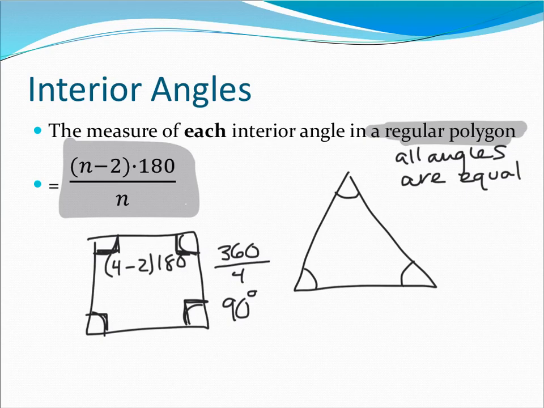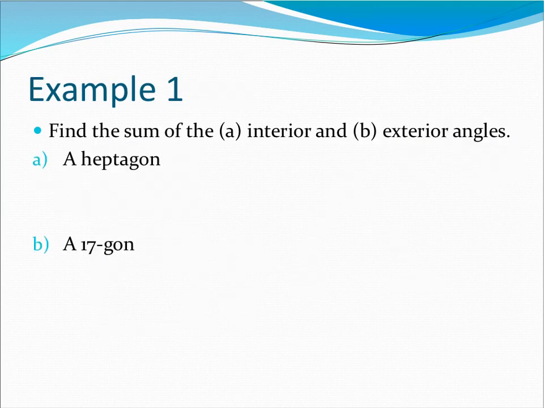So now we're going to do some examples. Find the sum, so it's asking us for all the angles added together, of the interior and exterior angles of a heptagon. How many sides does a heptagon have? 7. So what's the formula we're going to use? 7 minus 2 times 180.